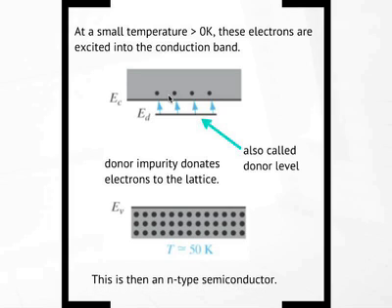Because the concentration is now controlled by how many dopant impurities are in there, which is what you do when you make the silicon. You can add more, you can add less. No longer just temperature dependent. As an engineer, I can control it. Very important. Technologically, very, very important. The reason that we have transistors and so on.